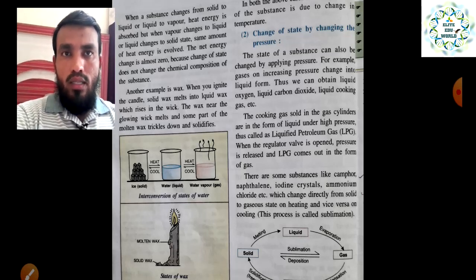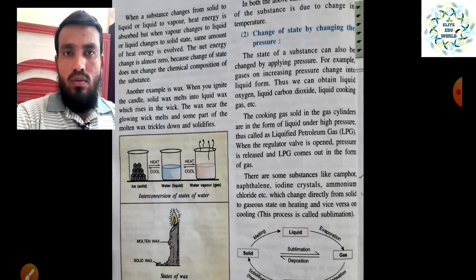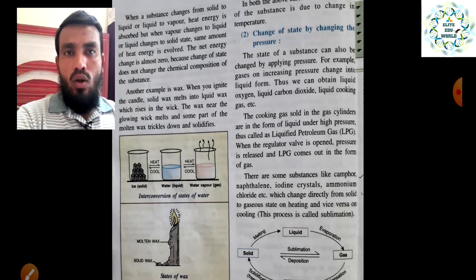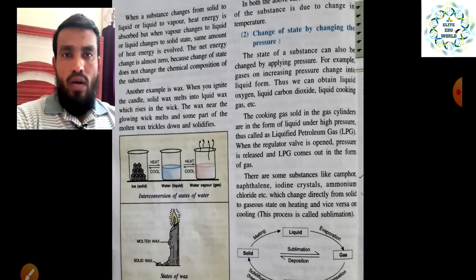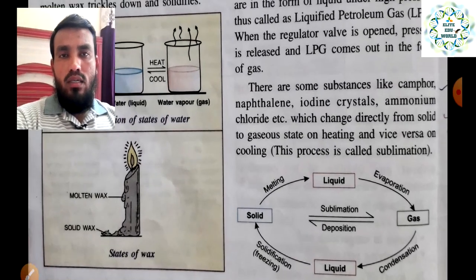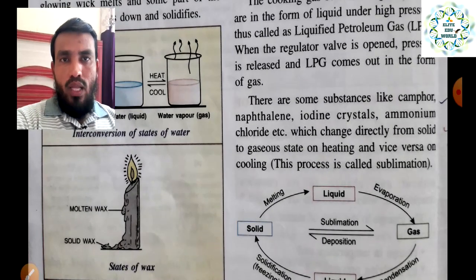Another example we can take is wax. When we ignite the candle, the solid wax melts into liquid wax, right. The wax near the glowing wick melts, and some part of the molten wax trickles down and solidifies. Some wax melts, and when it comes down, it solidifies again.